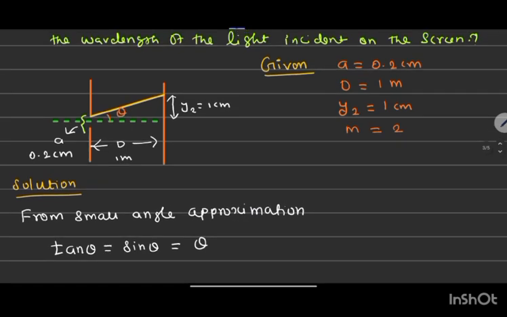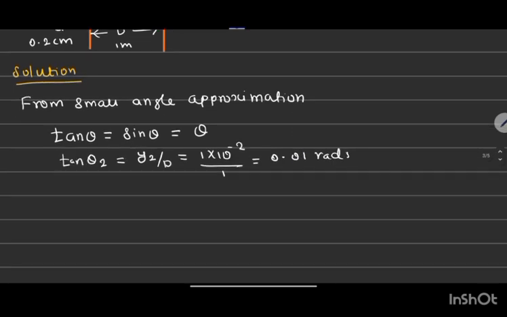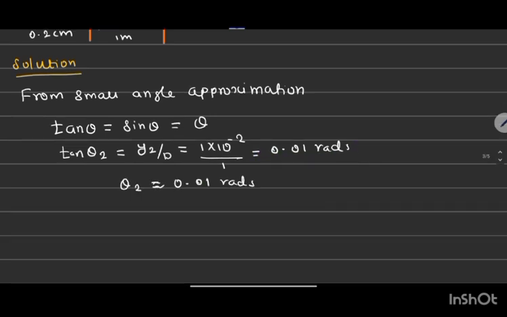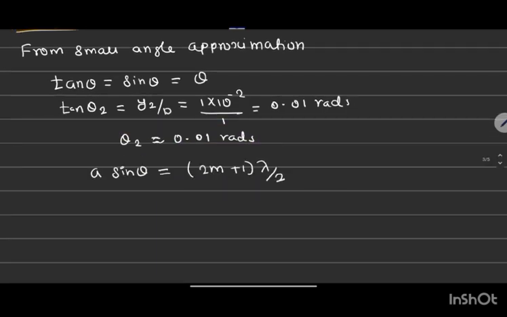So tan of this theta is equal to y2 by capital D, and that is tan theta is equal to y2 by D, 0.01 radians. So this is approximately equal to theta 2, and that is 0.01 radians. We know the maxima in diffraction are given by this equation, (2m plus 1) lambda by 2.